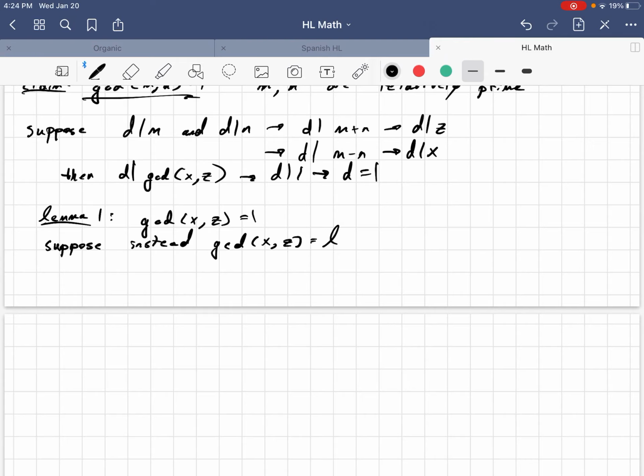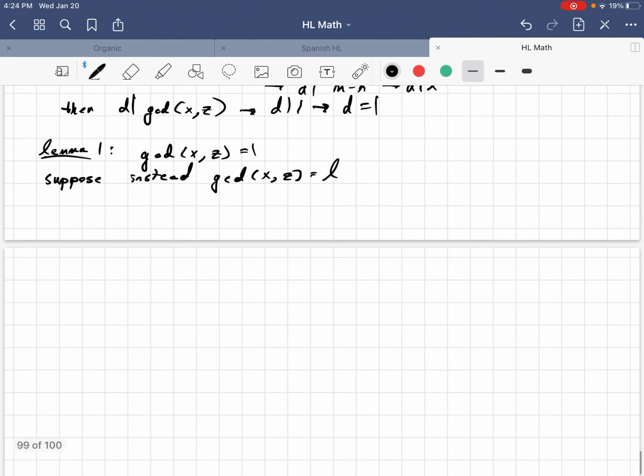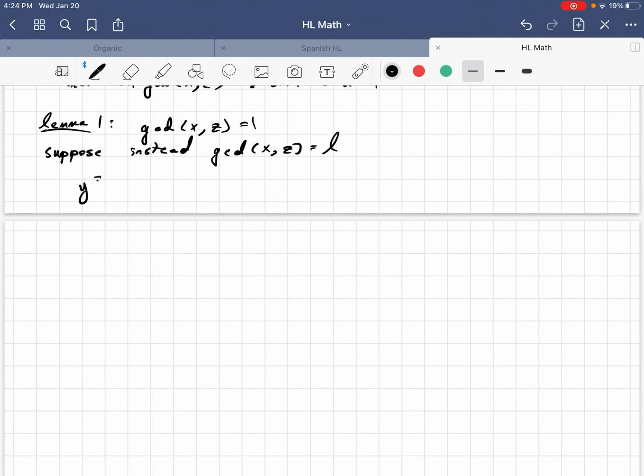Just a random letter there. So then, if the GCD of x and z is L, we know that y squared is equal to z squared minus x squared. But if they both share a common factor of L, that's the same thing as writing z prime L squared minus x prime L squared.